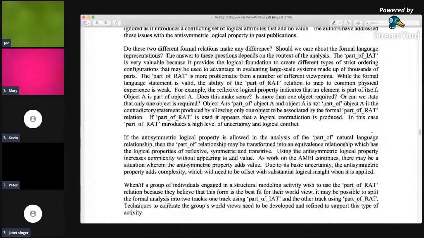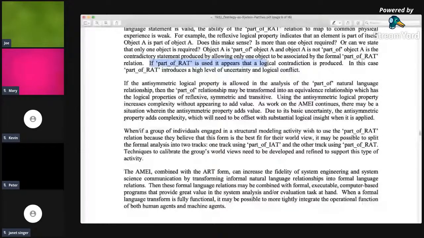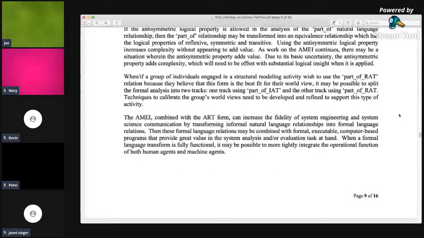Okay, so we talked about the logical, so that if the part-of is reflexive, asymmetric, and transitive, it appears that a logical contradiction is produced. A number of them, depending upon how much detail you want to go into in talking about what appears to be absurd with that specific assignment of logical attributes. And again, we talked about the anti-symmetric property and the issues with that. We're not saying that the anti-symmetric property has issues everywhere.